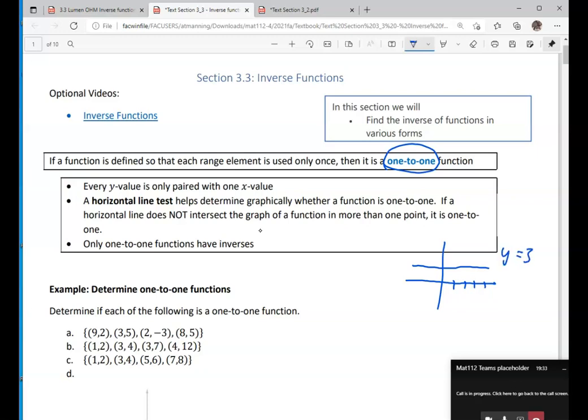Any x gives me the result of 3. It's not one-to-one, because 1 gives me 3, 0 gives me 3, negative 1,000 gives me 3. It is a function, but it's not one-to-one. I don't know what x got me to 3, because any x will give me 3, because it's a horizontal line.